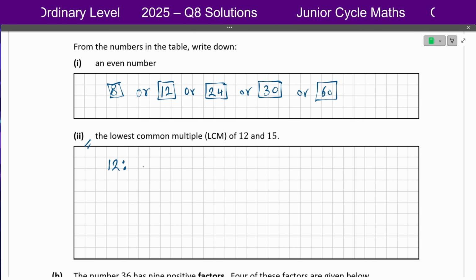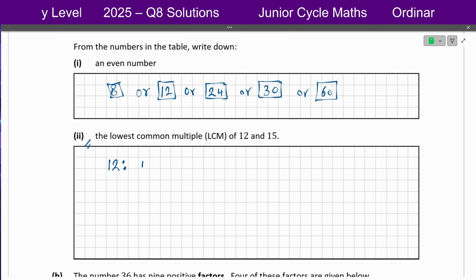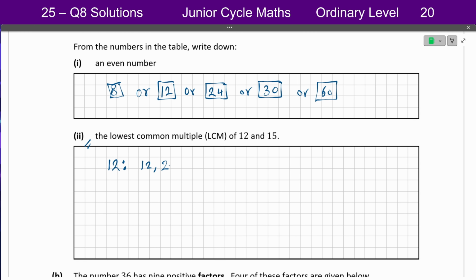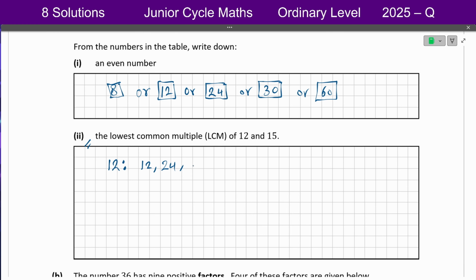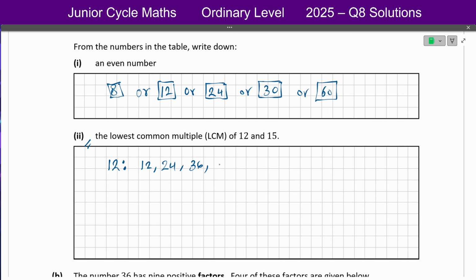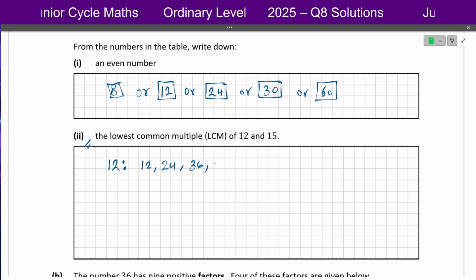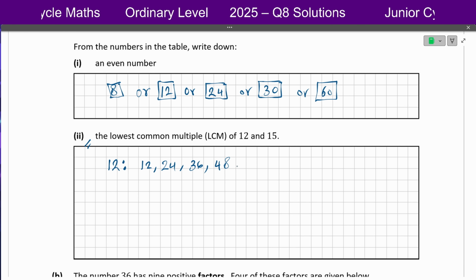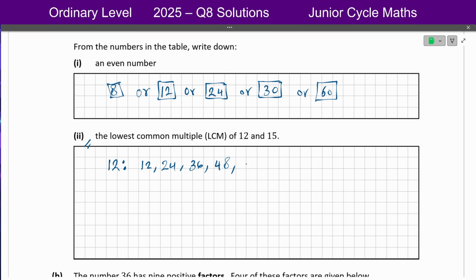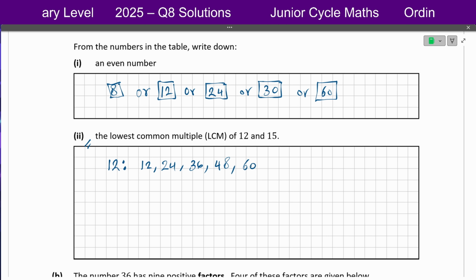So the multiples of 12: we have 12 times 1, which is 12, 12 times 2, which is 24, 12 times 3, which is 36, 12 times 4 is 48, and 12 times 5 is 60. And we continue.